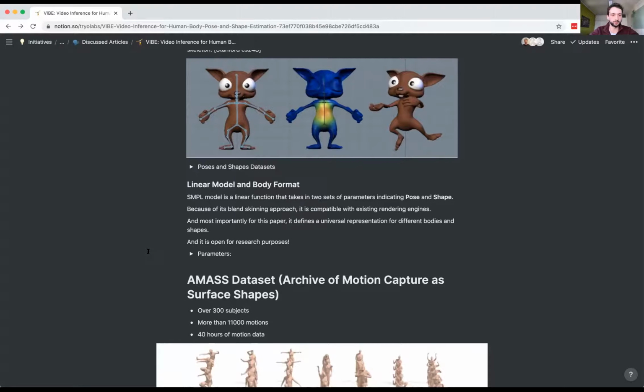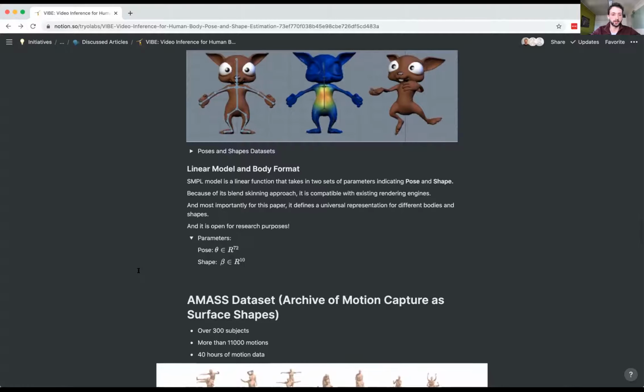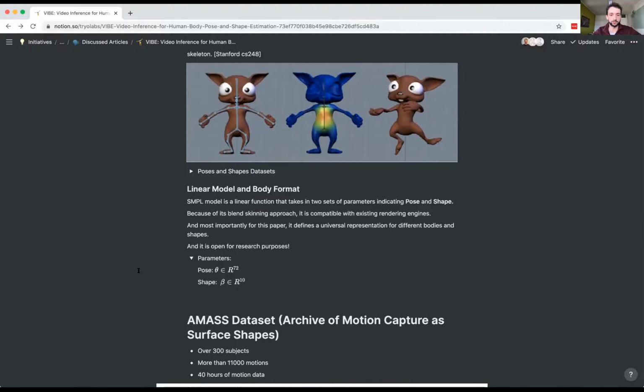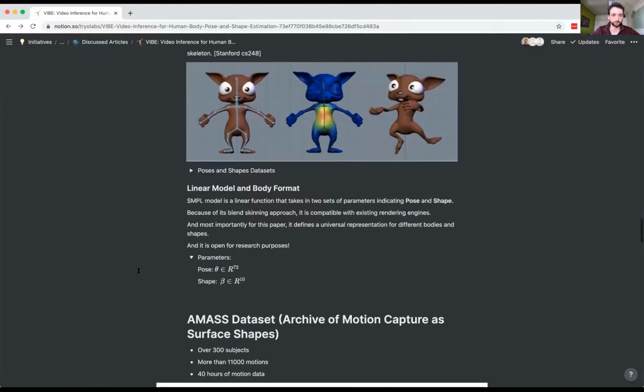You give it parameters, and here the parameters are a vector of size 72 for pose, and a vector of size 10 for shape. And playing with those two values, you can already move a mean humanoid mesh into the pose and shape that you want. And that's what is used in the generator and on the AMASS dataset.